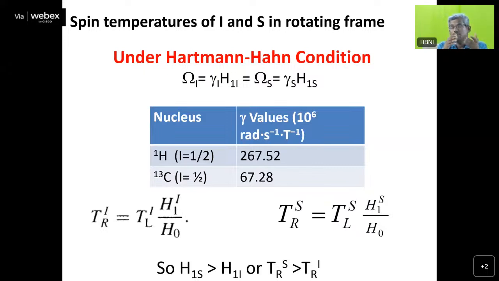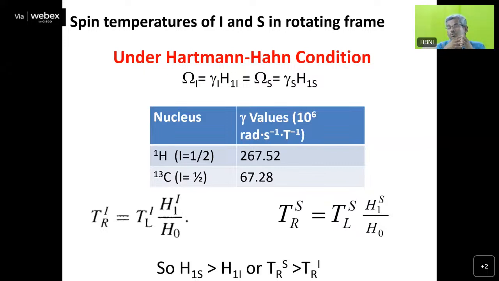In other words, another way of understanding is also like this. One is proton, which is cold. Proton is a cold nucleus. Why? Because its rotating frame temperature is less. Whereas carbon-13 is a hot nucleus, because H1 is higher, so its rotating frame temperature is higher. So if you take a cold body and mix it with a hot body, what happens? The hot body also becomes cold, because it will lose heat to the cold body.